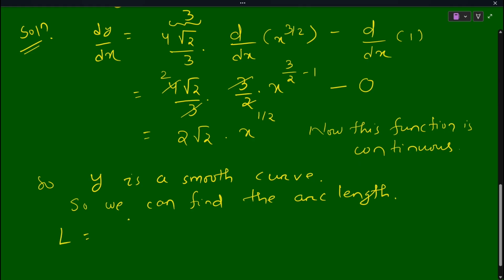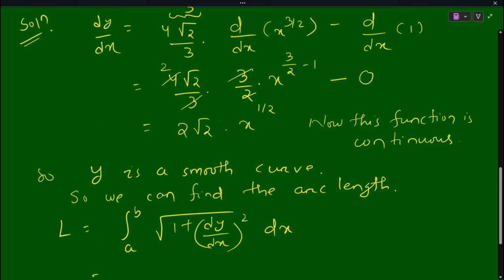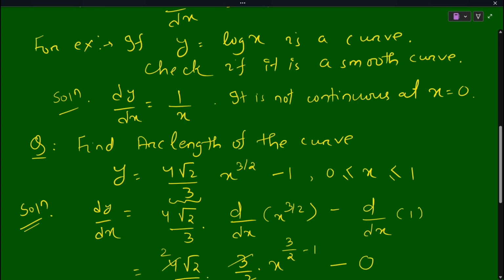The formula is given by L equal to the integral from a to b of root over 1 plus dy by dx whole square dx. Now see what the value of a to b is.